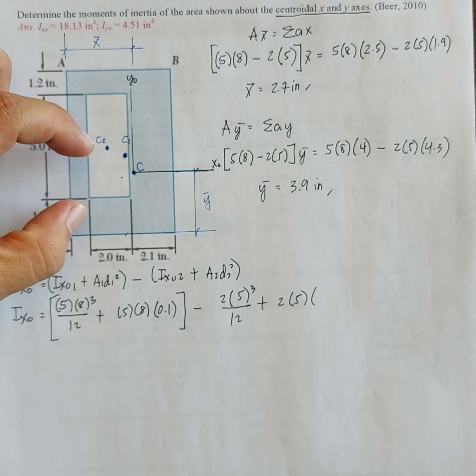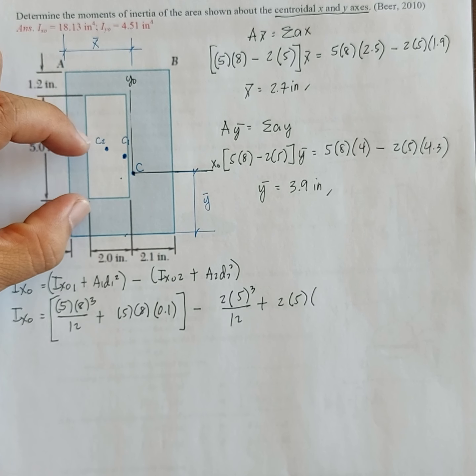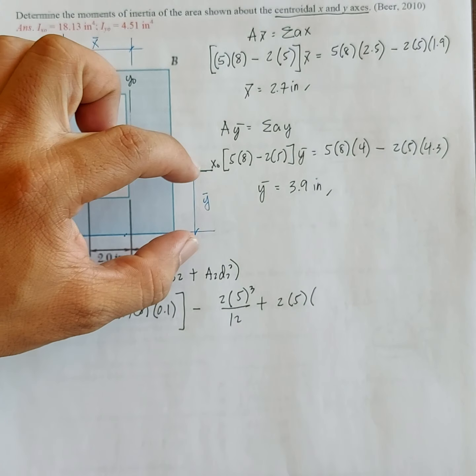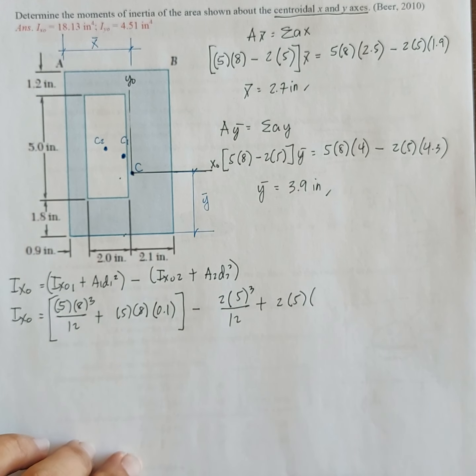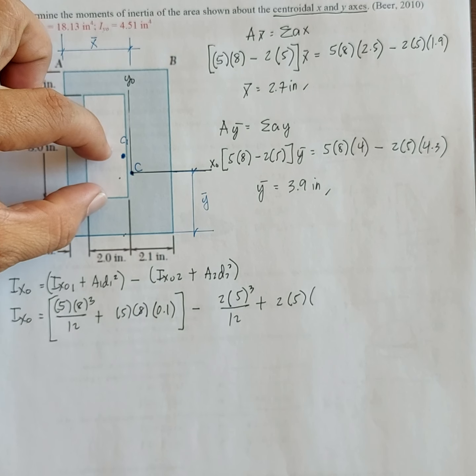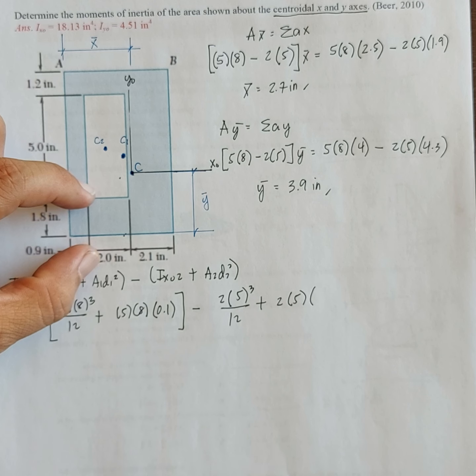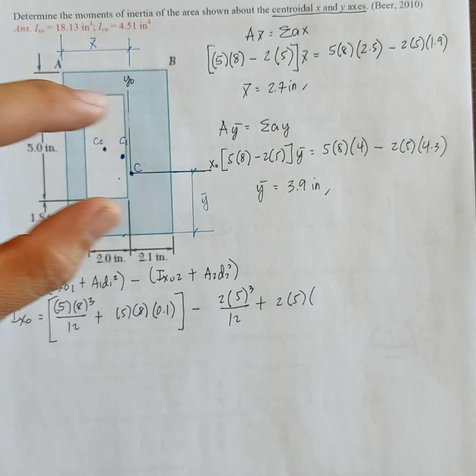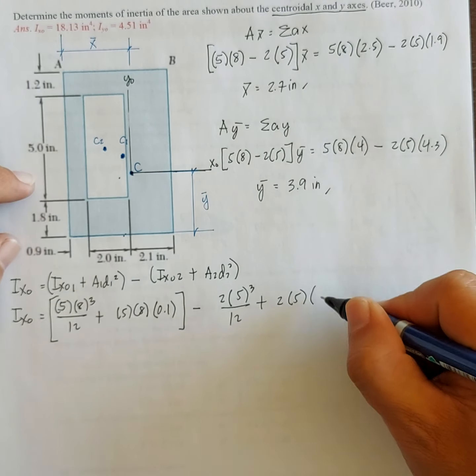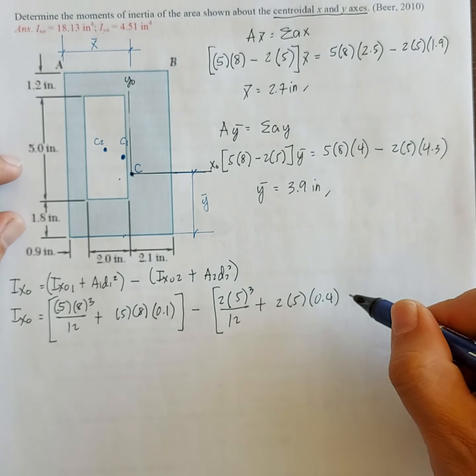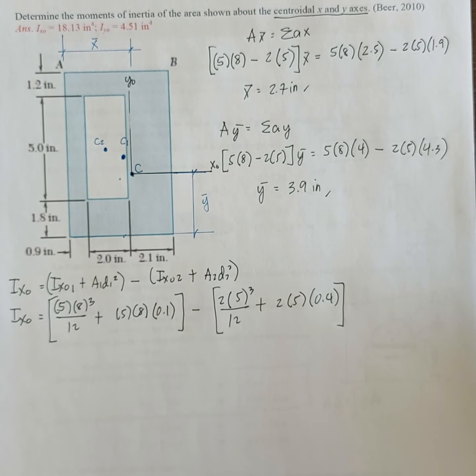Okay? So, we know that this is, so 5 yan, half yan is 2.5 plus 1.8 minus Y bar. Okay? So, ganun yun. So, 2.5, ito, plus 1.8, okay, minus yung Y bar na 3.9. So, that is 0.4 inches. Okay?